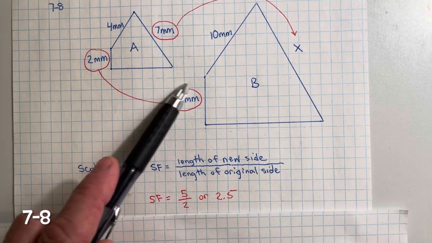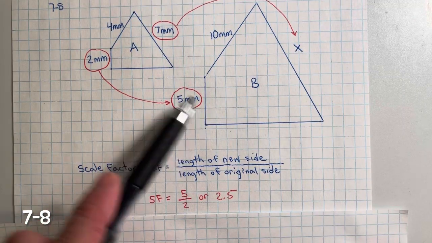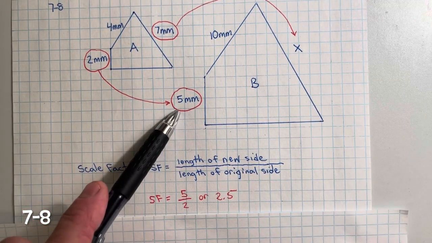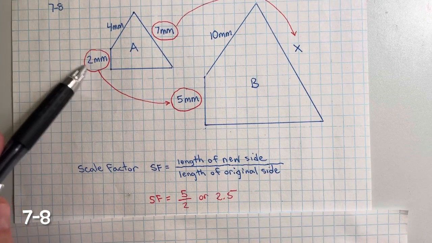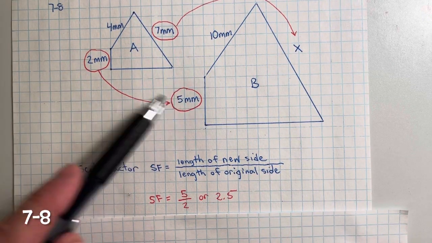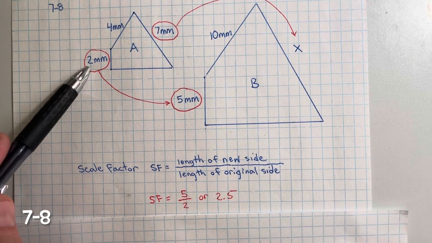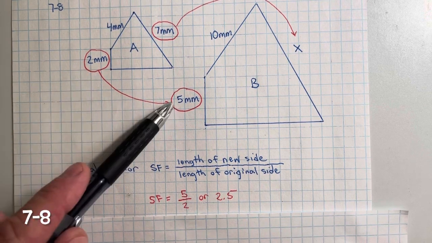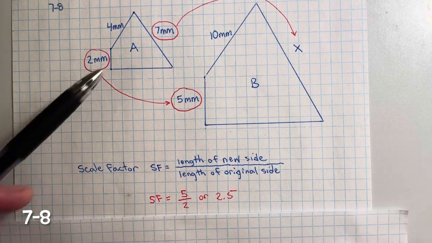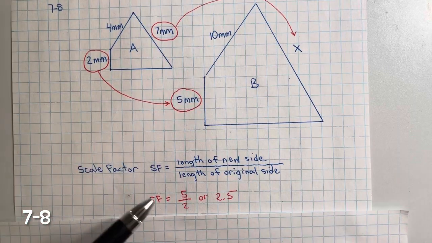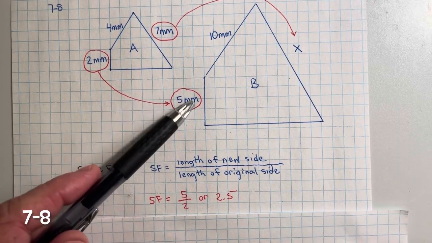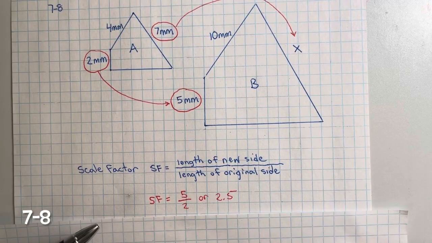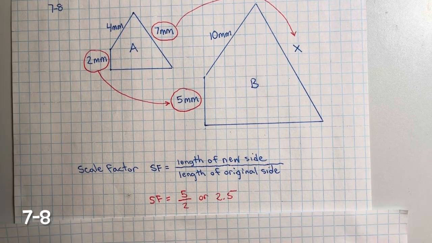So you could find the scale factor from B to A. If it went the other way, this would be the new side, this would be the original, and you would have 2 divided by 5, which is 2/5. So when you're going from small to big, the scale factor is greater than 1. If you're going from big to small, the scale factor is less than 1, but greater than 0.